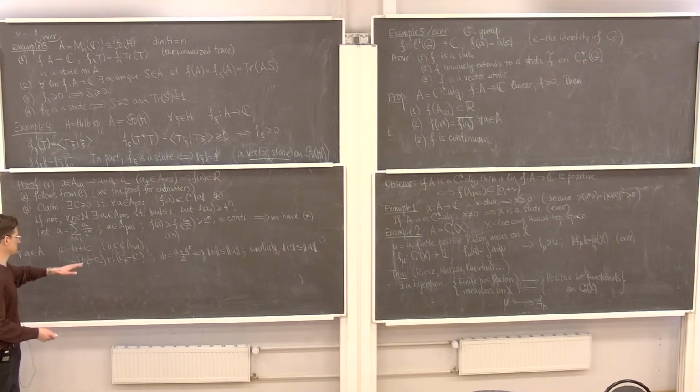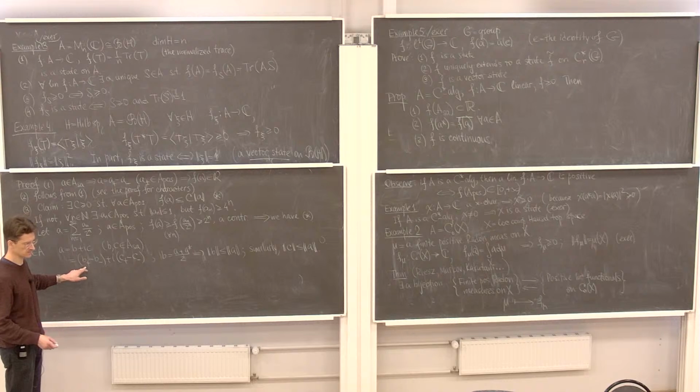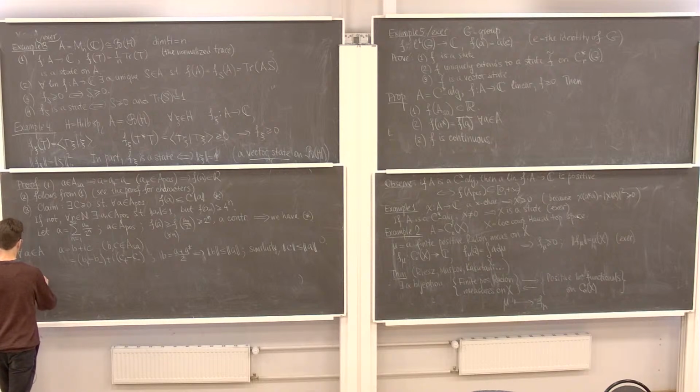Also, it follows from the construction, if we recall the explicit construction of these two elements, b plus and b minus, they are obtained with the help of the functional calculus. It follows that the norm of b plus and of b minus is less than or equal to the norm of b. And similarly, the norm of c plus and c minus is less than or equal to the norm of c.